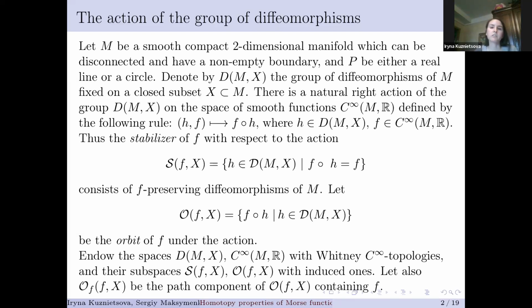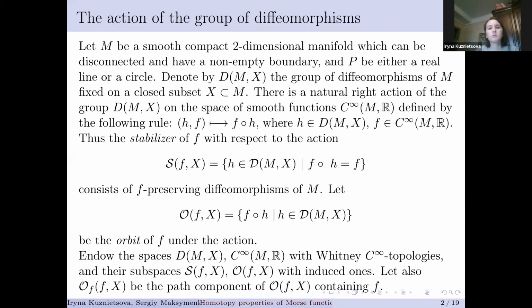So there is a natural right action of the group D(M, X) on the space of smooth functions, C^∞(M, R). It is defined by the rule: we take h from D(M, X), f from C^∞, and it goes to the composition f∘h.